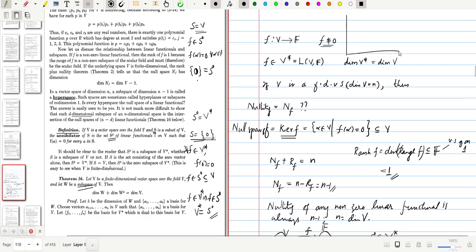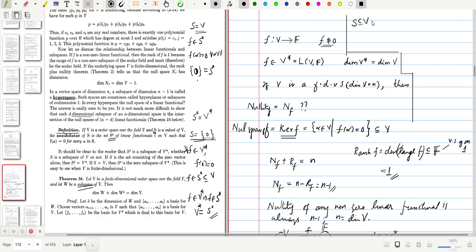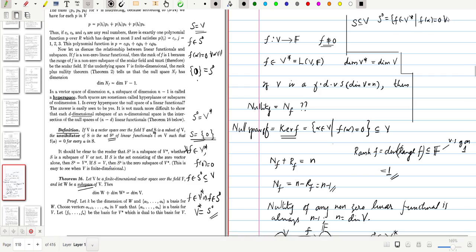Even if we consider a subset S, we then collect S naught. We have defined S naught as the set of all f belonging to V star such that f of alpha equals 0 for all alpha belonging to S. This is the definition of S naught.